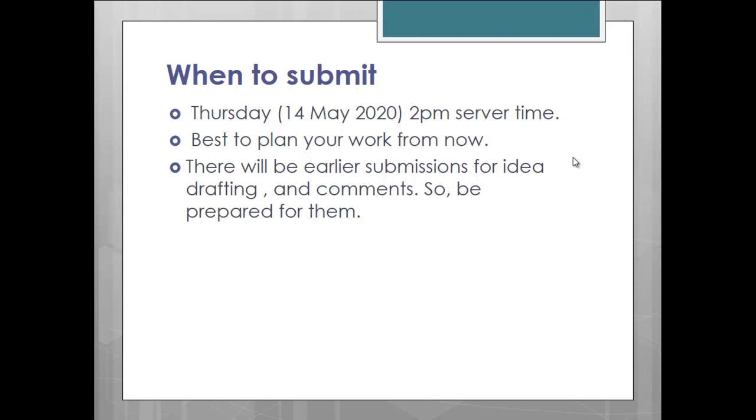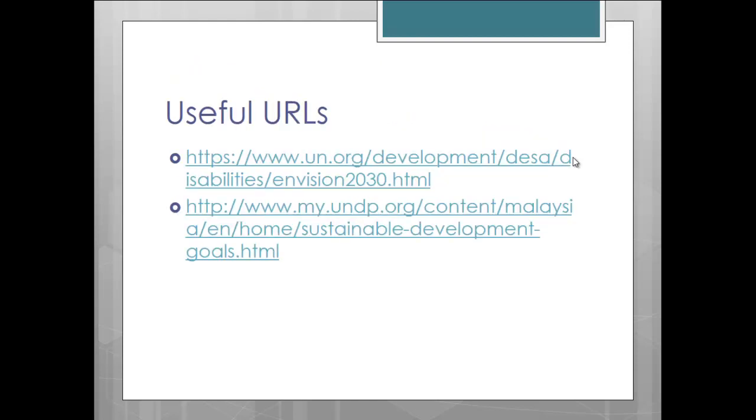From my experience, students sometimes think very big, but sometimes it's too big to be done. So we have to focus on something doable. So you submit drafts when I ask you to, we will discuss that, and then you can update, and at the end your final result will be excellent, hopefully. So be prepared for them. These are some useful URLs that you can use to help you start.